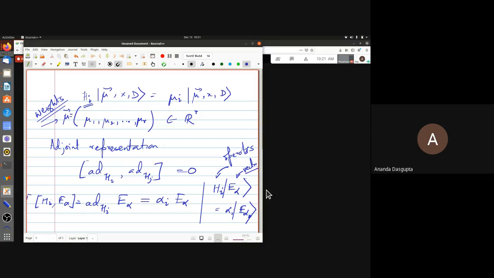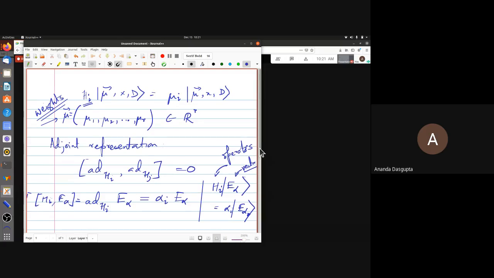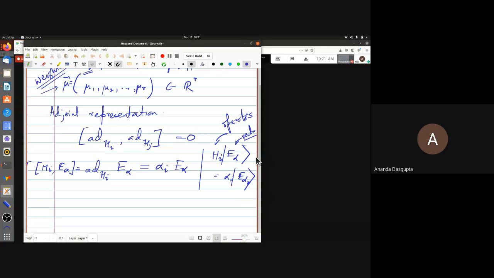I'm sorry, I think I over-explained this and made it more confusing than it should be. All I'm trying to say is that the reason Georgi uses this notation, when all he really means is that the commutator of HI with E alpha is alpha E alpha, is that he wants to be consistent for all representations. He uses the notation HI acting on a vector gives you a multiple of that vector, and he sticks to that throughout. But of course, what he really means is this.